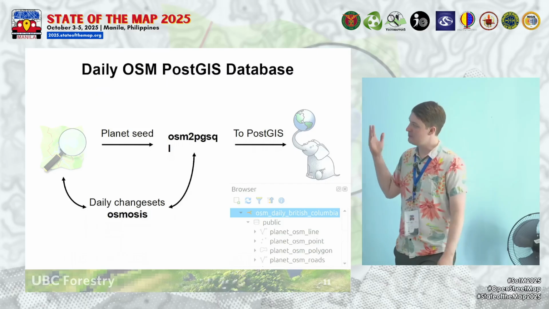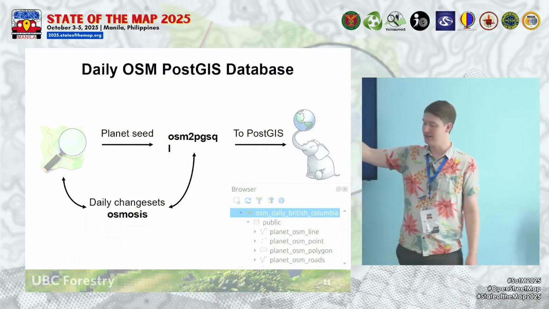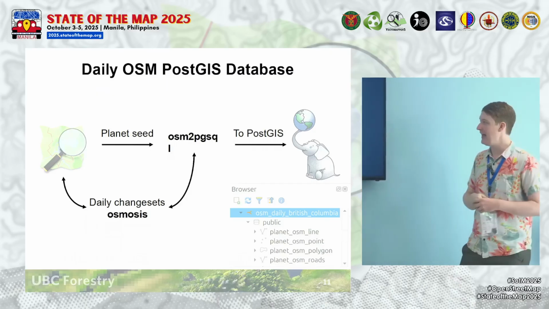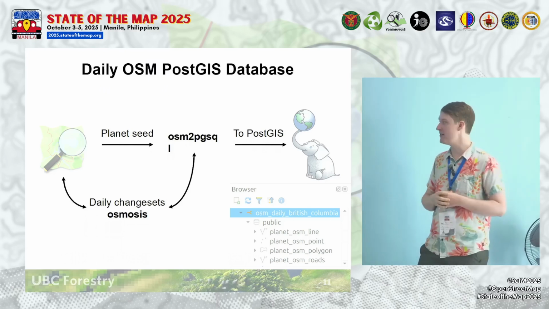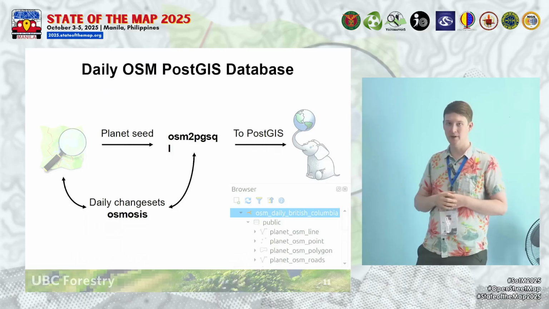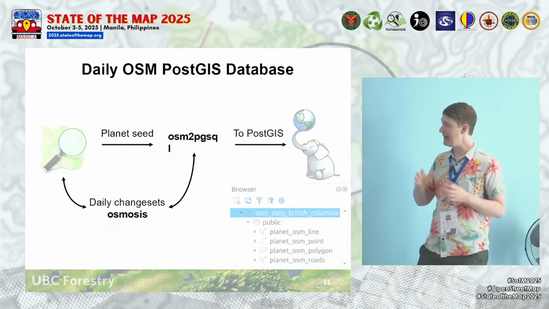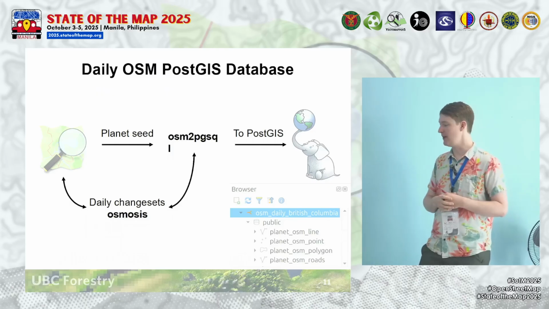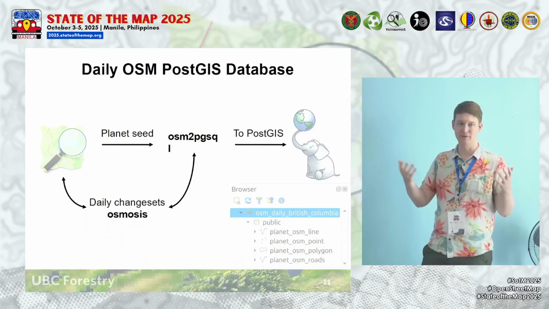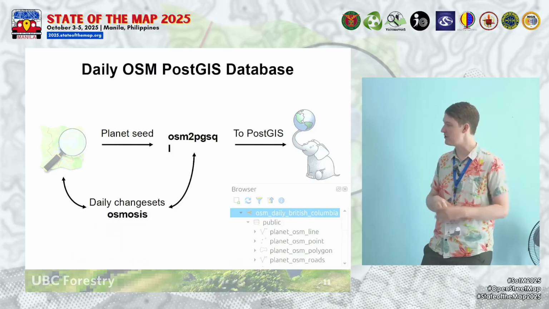What I did is I took basically a seed of the planet and brought that into a Postgres database using the osm2pgsql utility, and that brings it in once. And then I do a daily update using Osmosis, fetching it from Geofabrik or any of the other replication servers.